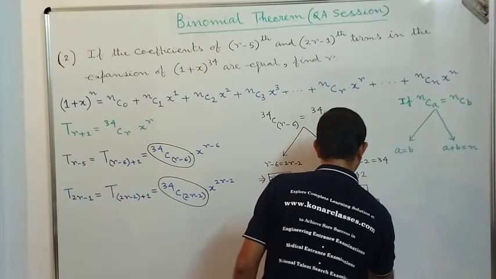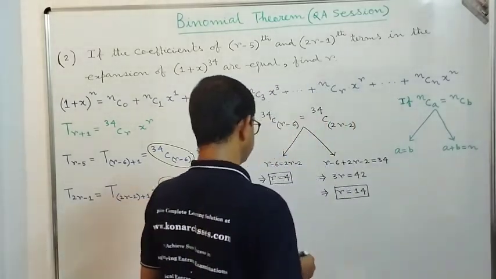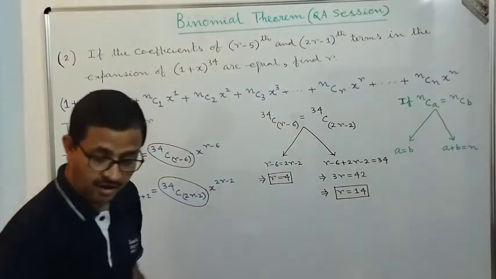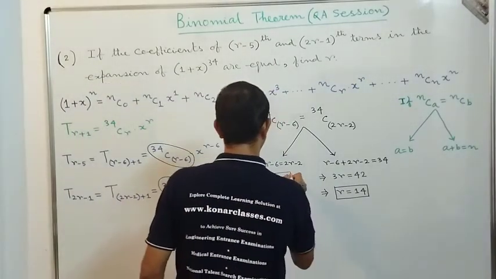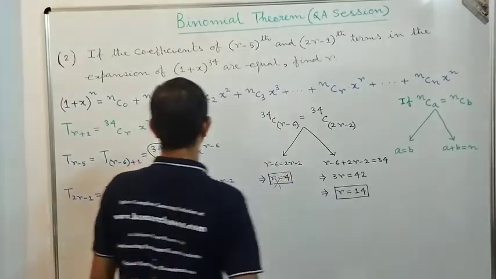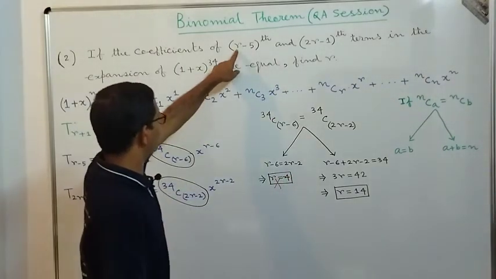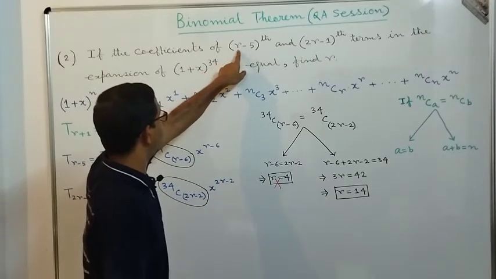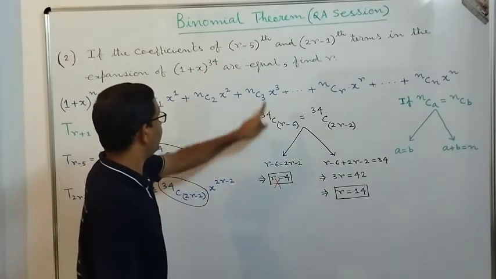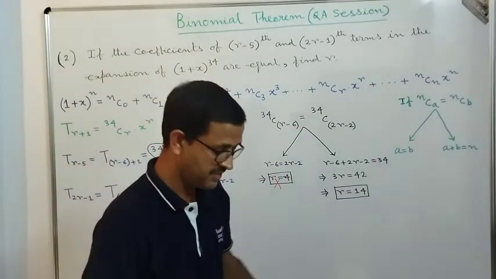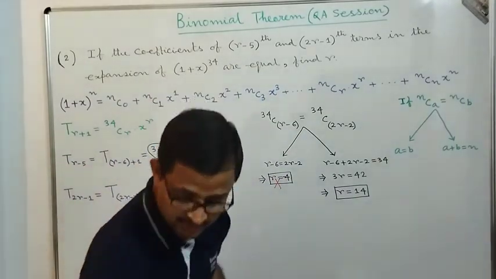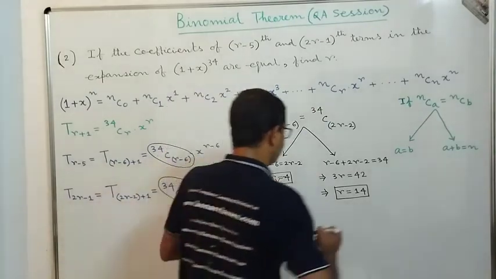Correct, dear students? Now r equal to minus 4 is not an acceptable value, for an obvious reason. If we take r equal to minus 4, then the r minus 5th term becomes the minus 4 minus 5, minus 9th term, which is impossible. So the acceptable value we get, dear students, is r equal to 14.